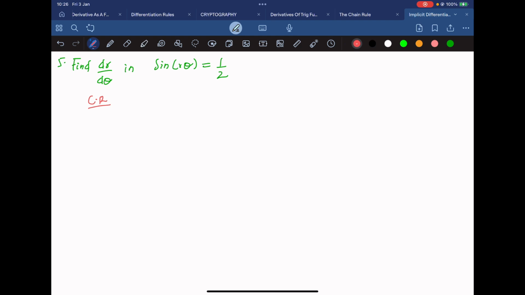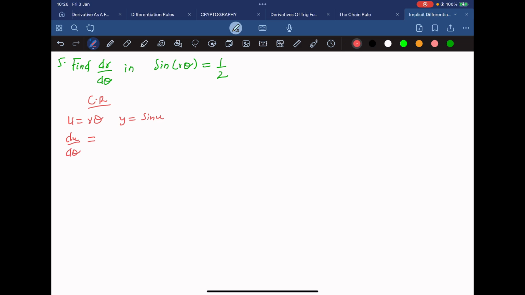So we can let our u be what is inside the parenthesis. Then this means that we can represent this whole thing by y, right? So if we do that, we have sine of u. So for u, remember we are differentiating with respect to theta. So du/dθ, in this case, we will still use the product rule.